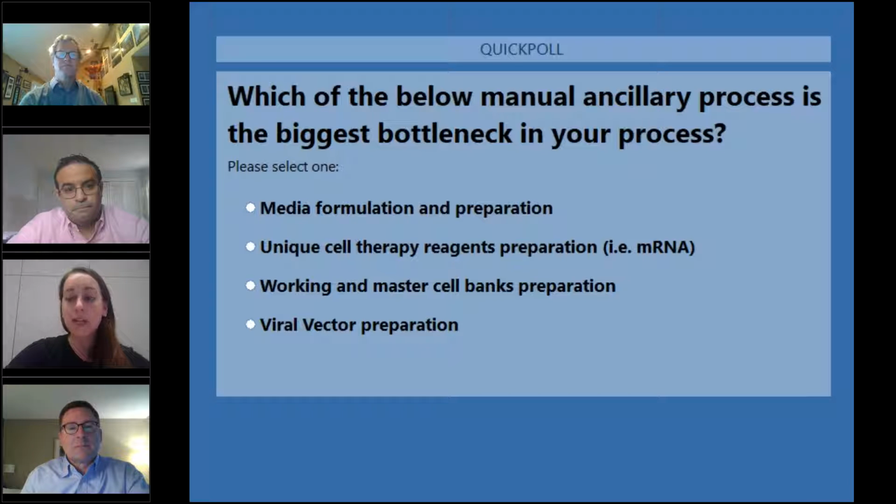You can look across the market and see what's already out there, but that's not always something that already exists. And so you have to find development partners to build those pieces of equipment, those disposables, et cetera. So it gives a lot of space for developing the appropriate piece of automation for your process.